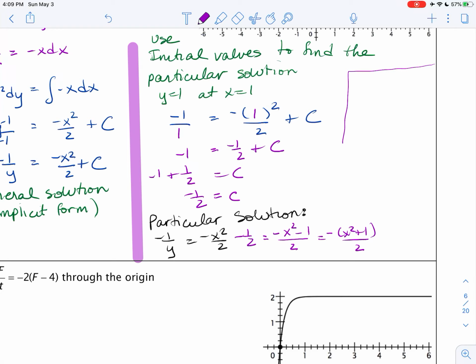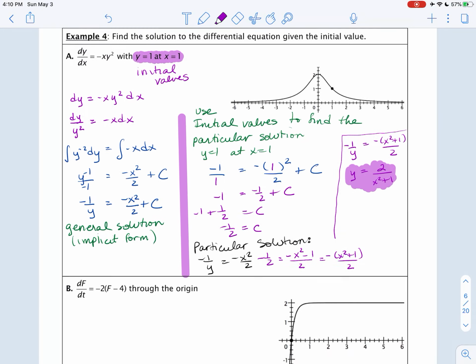So in just coming over here, I have the minus 1 over y equal to minus x squared plus 1 over 2. And I can take away the negatives, but also take the reciprocal. And so I end up with y equal to 2 over x squared plus 1. And that is my particular solution in explicit form.